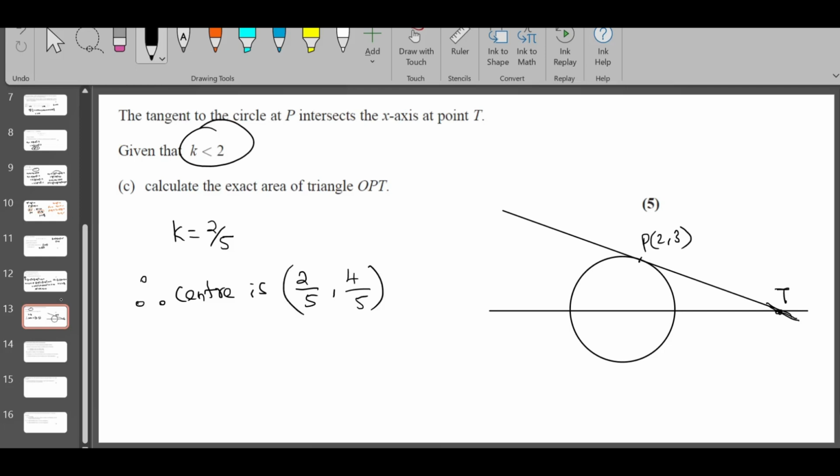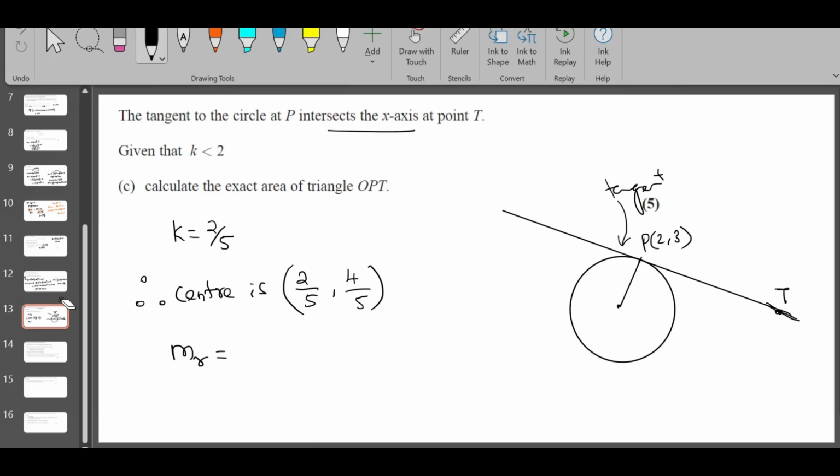If we have a center, we can find the slope of the radius, and so the slope of the tangent. Why are we doing that? We are trying to find the equation of the straight line, the tangent line. If we know the equation, in that equation it intersects the x-axis, so you replace y by 0, you get the coordinates of this point.